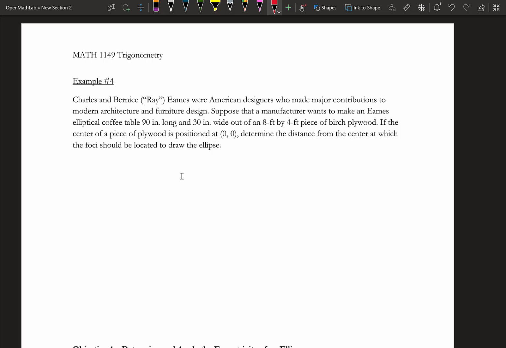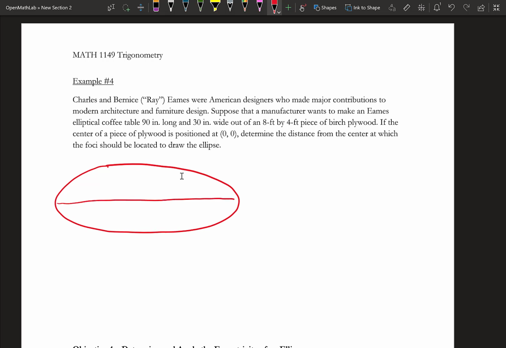So we can start to draw this. Basically what we have is this elliptical shaped table, and this length is 90 inches, and this length is 30 inches. It doesn't really matter if you draw it as a sideways or up and down ellipse, because it's just a table.